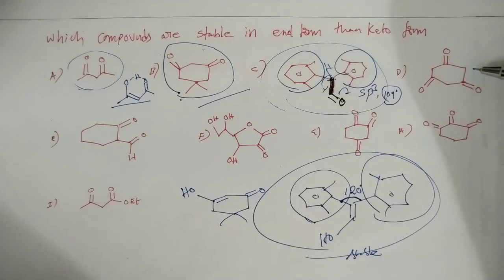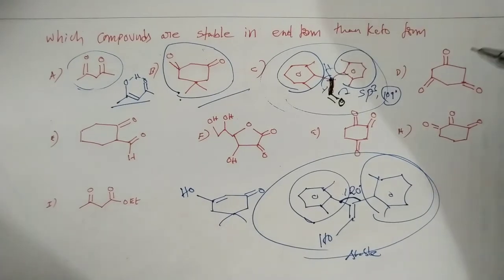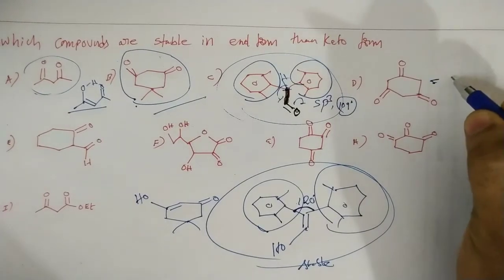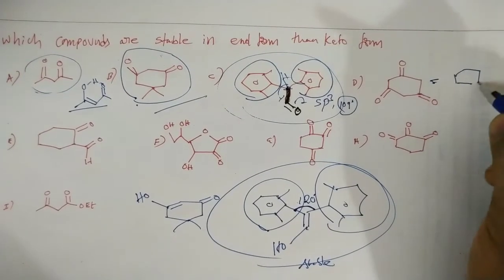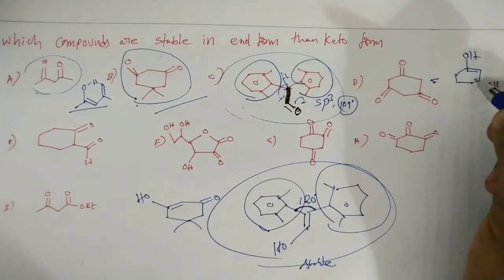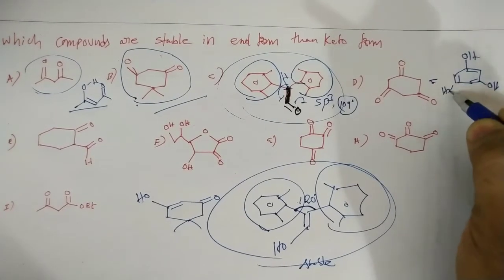And next, this tri-keto compound is stable in keto form itself. Here the enol form is not dominating for this compound. Why?